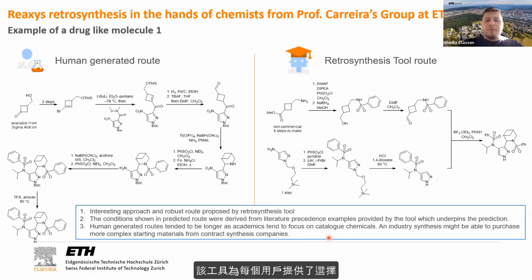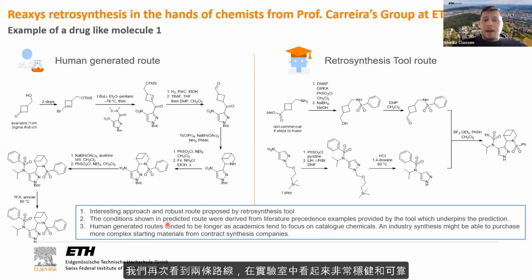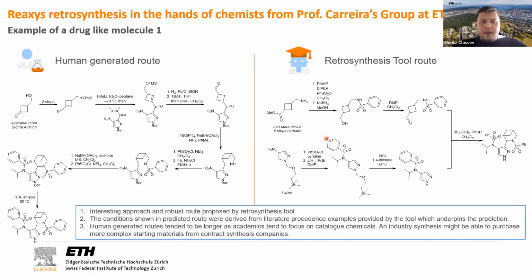However, the tool gives the option for every user here. If the budget is higher, you can go to the more complex starting materials. And for researchers that want to start from less expensive starting materials, the tool also would give this option. But again, we see 2 routes that look very robust and doable in the lab here.